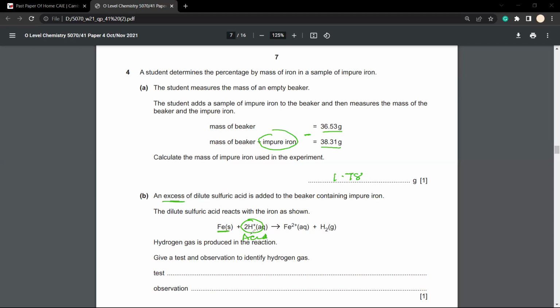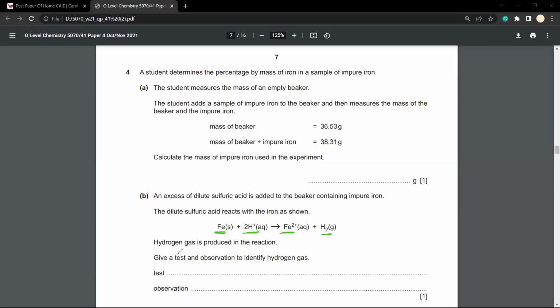It will not react with the rest of the substances. When it reacts with iron, it is going to form an iron salt. They have given you the ionic equation for that. The iron will be converting into iron 2 plus, and you will be getting hydrogen gas. So this is basically your ionic equation for the reaction, where only the iron out of the mixture is reacting with the sulfuric acid, forming iron 2 plus and giving you hydrogen gas.